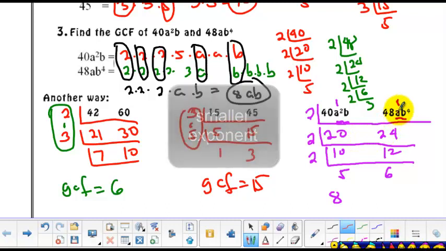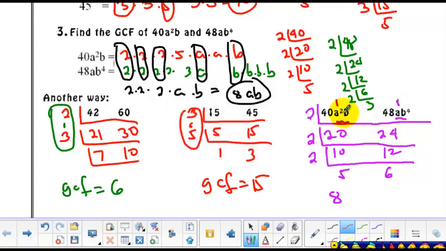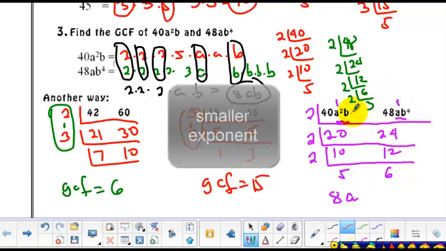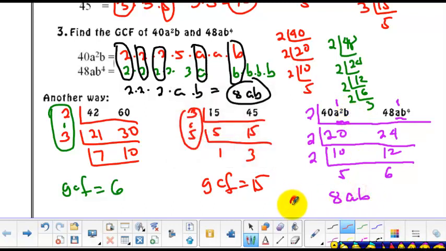In this case, it's a raised to 1. This one is a raised to 2. We are going to get a raised to 1. Now between b and b to the fourth, we are going to get the variable that has the smallest exponent, in this case b to the first. So this will be the GCF of 40a squared b and 48ab to the fourth, which is the same GCF that we got earlier.